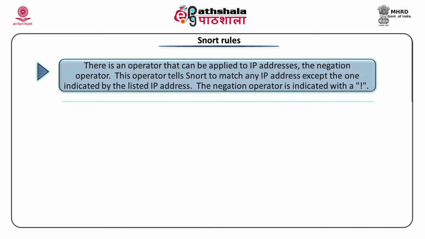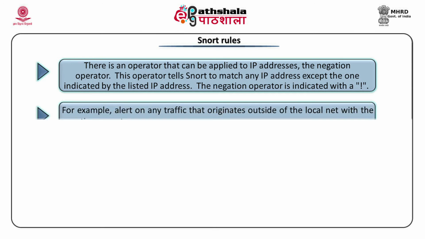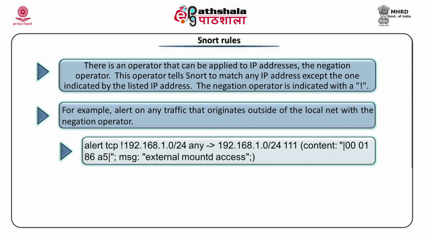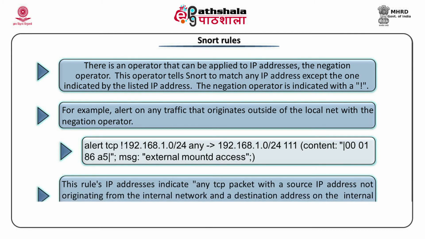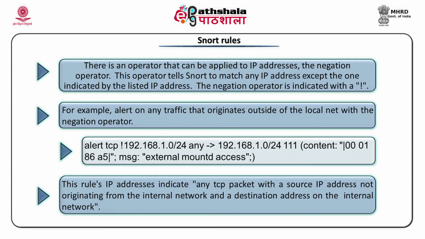An example is alert TCP any, and destination says 192.168.1.0/24. So the destination address was set to match on the 192.168.1.0 class C network.